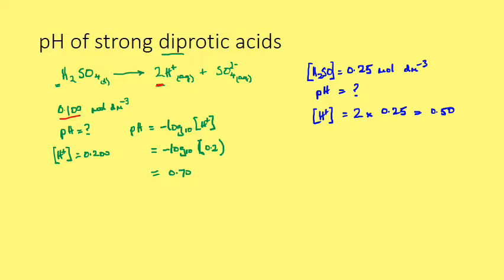So then we're going to feed that into the equation again, pH equals minus log 10 of the hydrogen ion concentration, which is 0.5, so I put the square brackets there, and feeding that into your calculator you get 0.30 as the pH of that concentration of sulfuric acid.